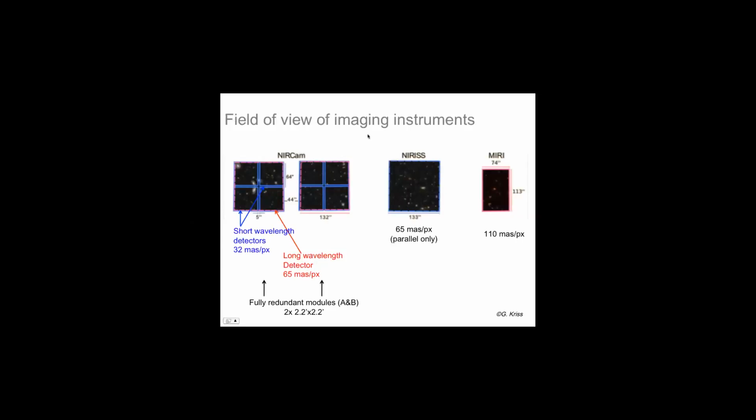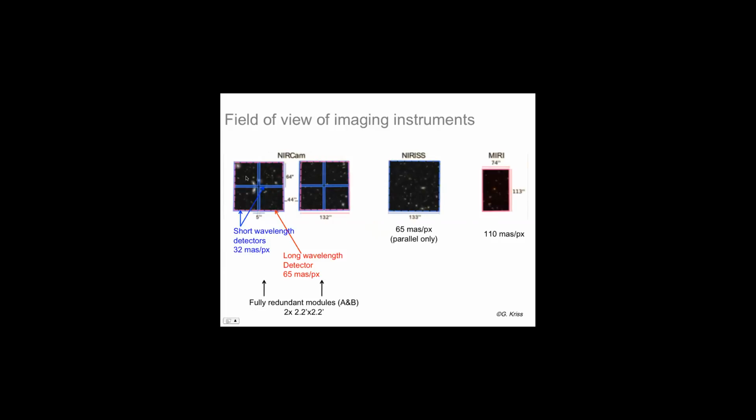Another way of viewing the different instruments is to look at the fields of view. NIRCam has 2 fully redundant modules with a very large gap in between. Each module observes simultaneously a blue and a long wavelength channel. The blue channel is recorded on 4 individual detectors called SCAs, and there are gaps in between SCAs, as you can see here in blue.